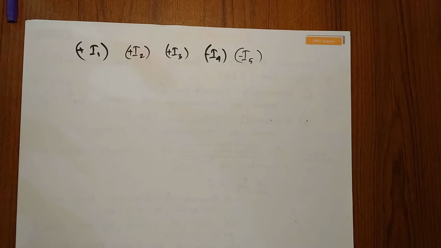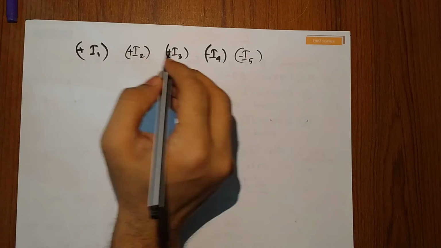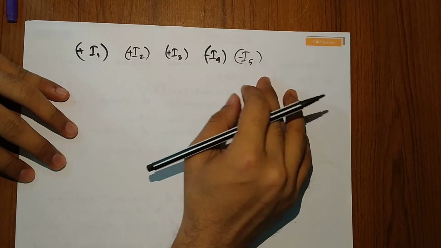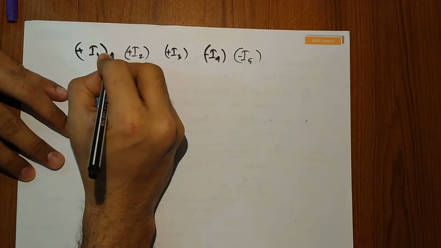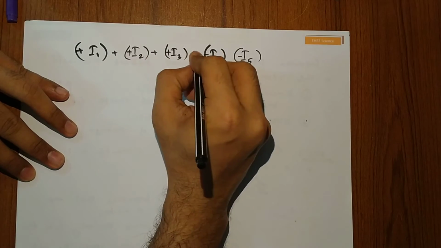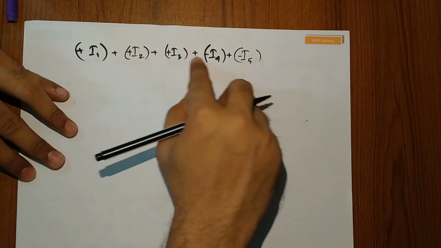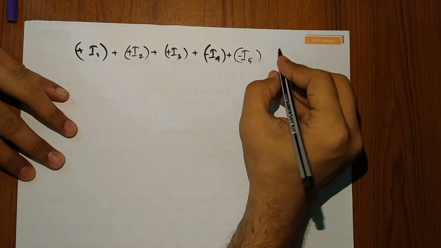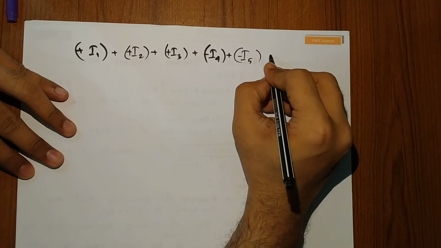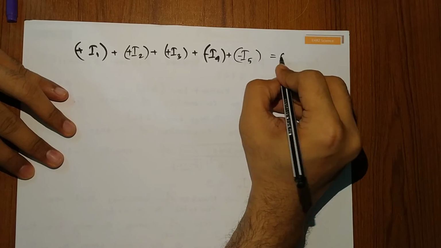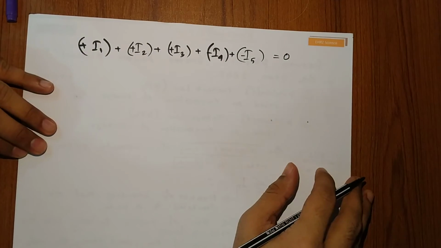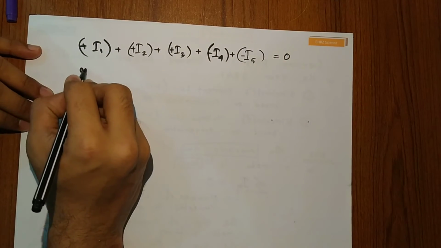Now we have to have the summation of these currents. So let us add these currents. So I1, I2, I3, I4 and I5 have been added, and by Kirchhoff's current law, KCL, this algebraic sum is equal to 0.